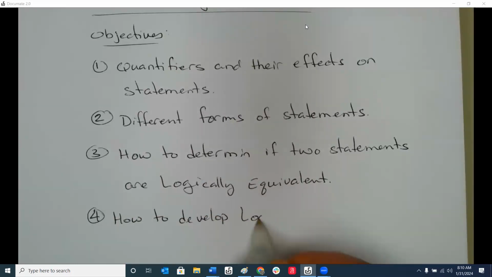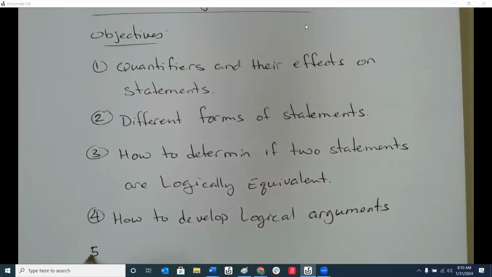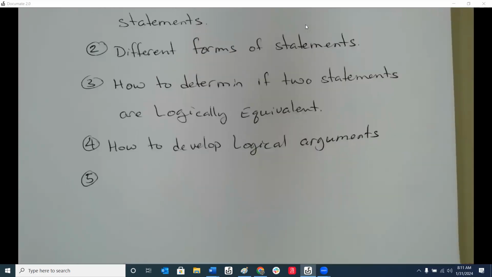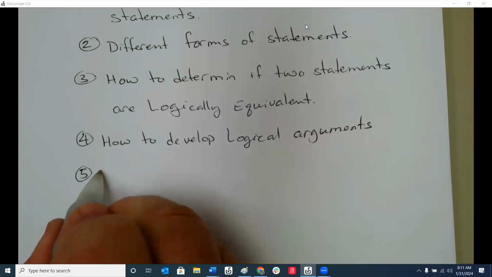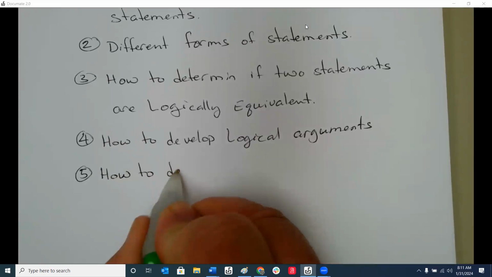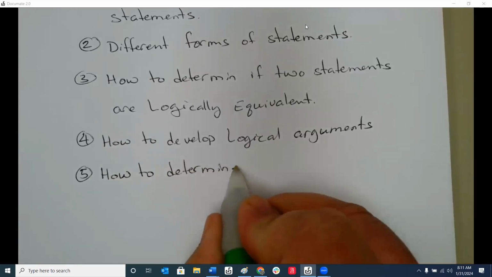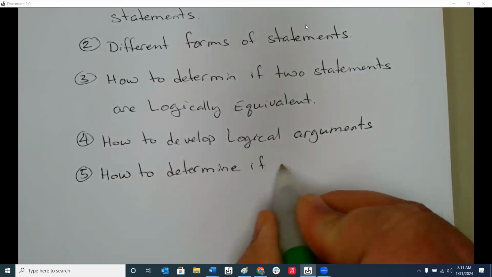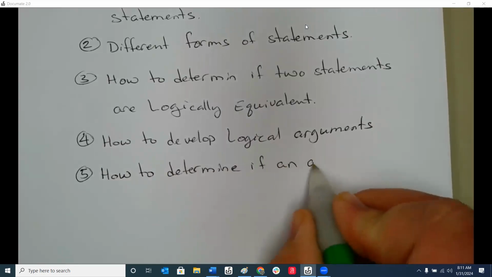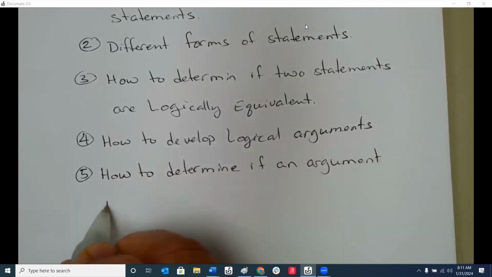develop logical arguments. And we're going to learn how to determine if an argument is valid.